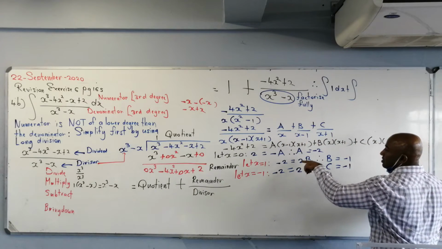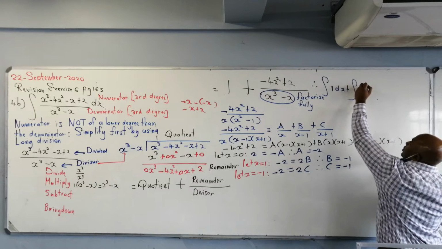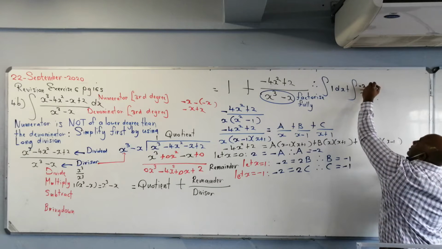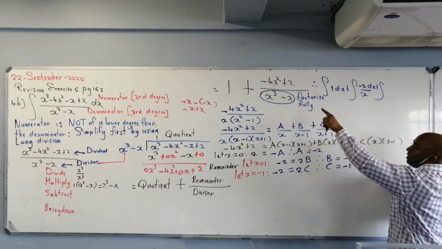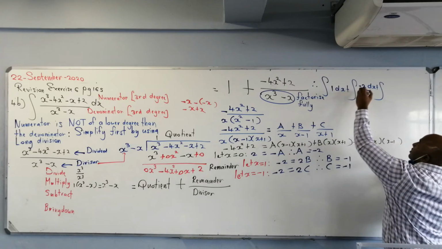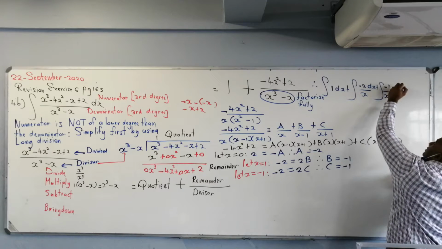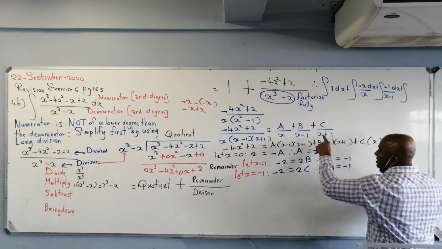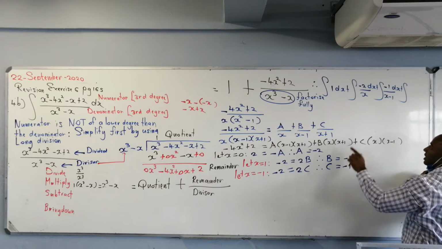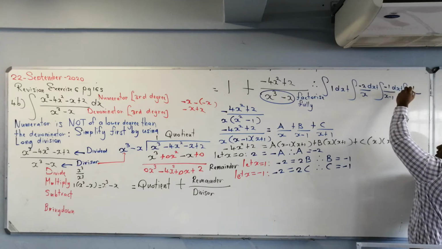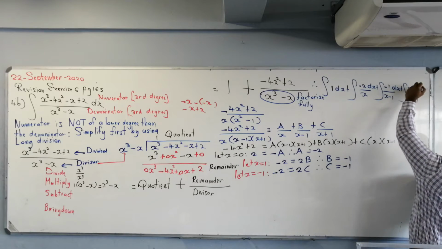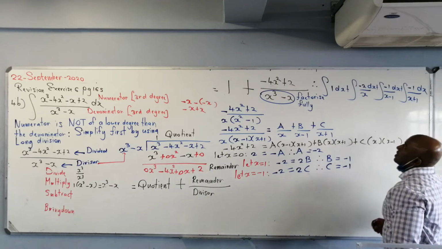So a over x, what was my a? Minus 2 over x. Then we got b over x minus 1, minus 1 over x minus 1. And then c is also minus 1 here, so that will be minus 1 over x plus 1 dx.